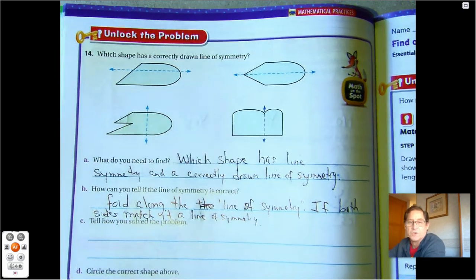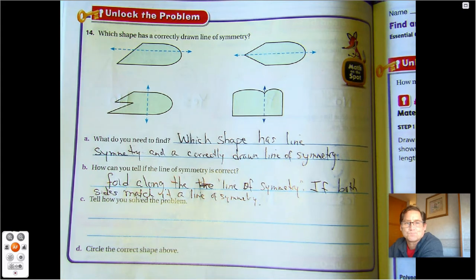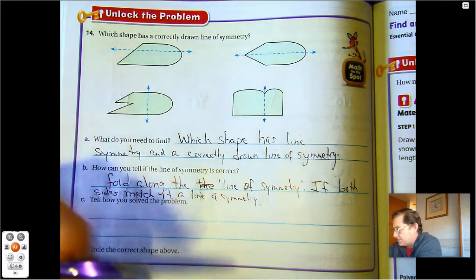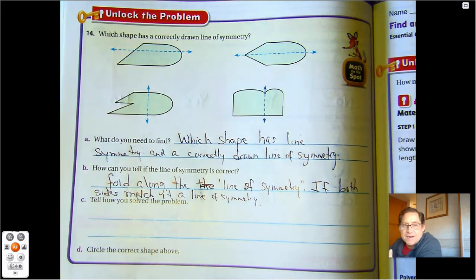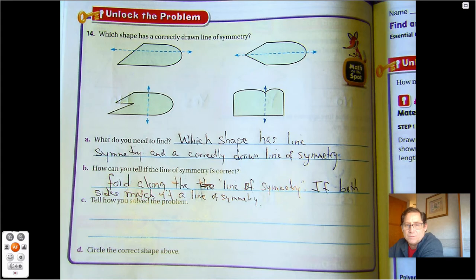Tell how you solve the problem. Okay, well, let's look at this. One way we can do it is trace all these shapes, cut them out, and then fold along the lines. I don't think that's necessary in this problem.